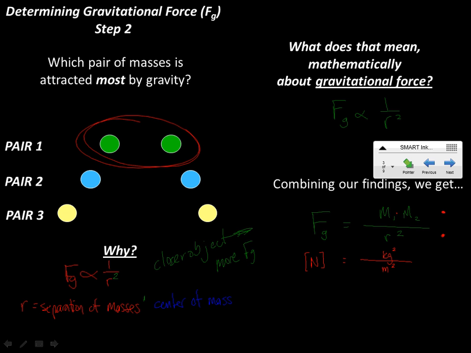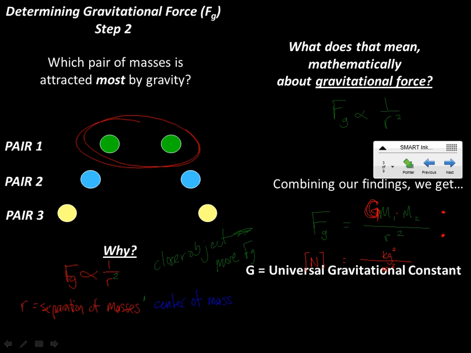Well, the way we take care of that is we put in what we call G, capital G, not lowercase g meaning acceleration due to gravity. We put in capital G that we call the universal gravitational constant. And that universal gravitational constant does two things for us.